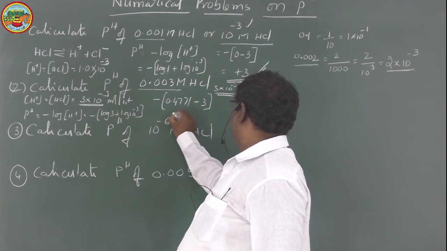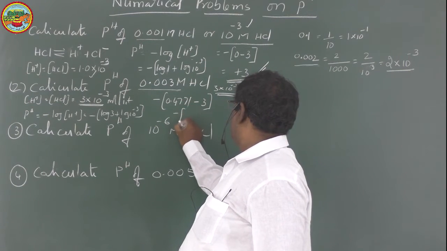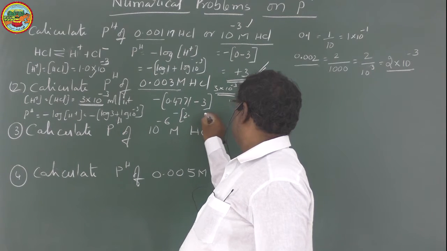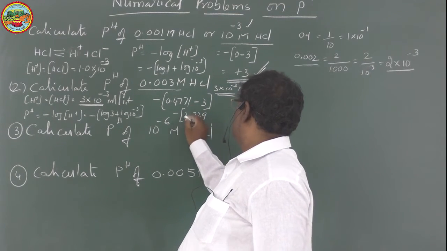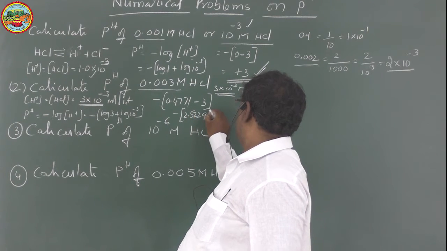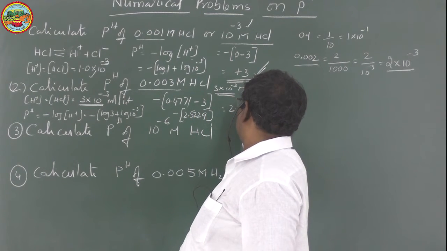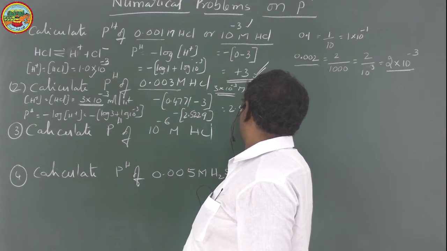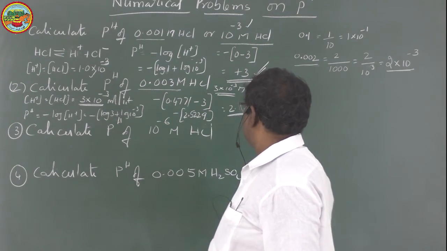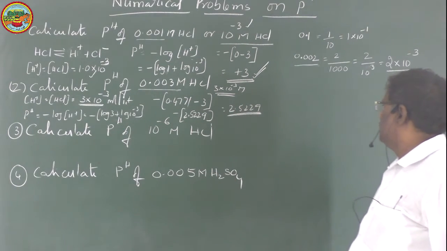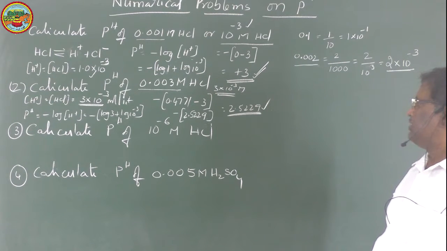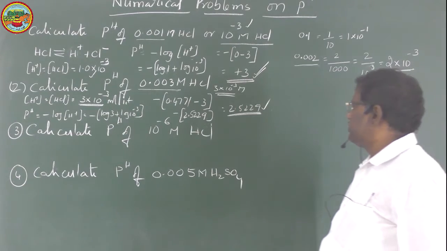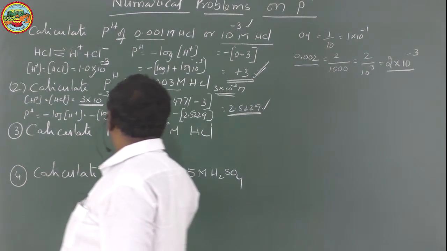If you solve it, you will get minus 2.5229. So its pH is 2.5229. This is the pH of 0.003 M HCl.